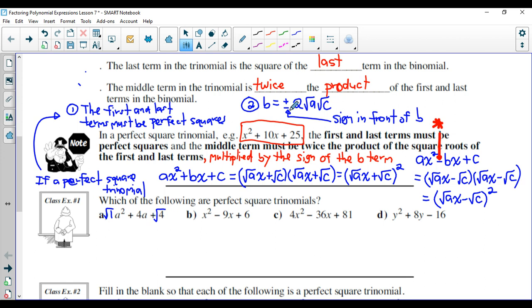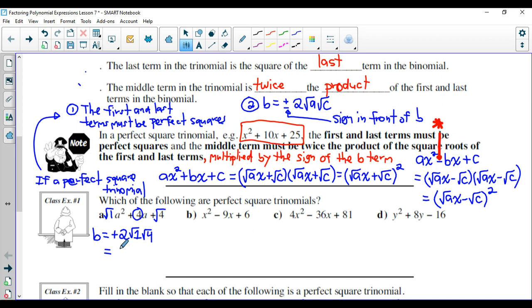Now, the other thing I want to check is I need to make sure this b criteria works. So b would be equal to, now this is the value of b, the positive 4 here. I want to look at the sign in front of b in terms of whether I pick the plus or minus here. So I pick plus, and I want to take 2 and multiply by the square root of a, which would be the square root of 1, and multiply by the square root of c, which is the square root of 4.